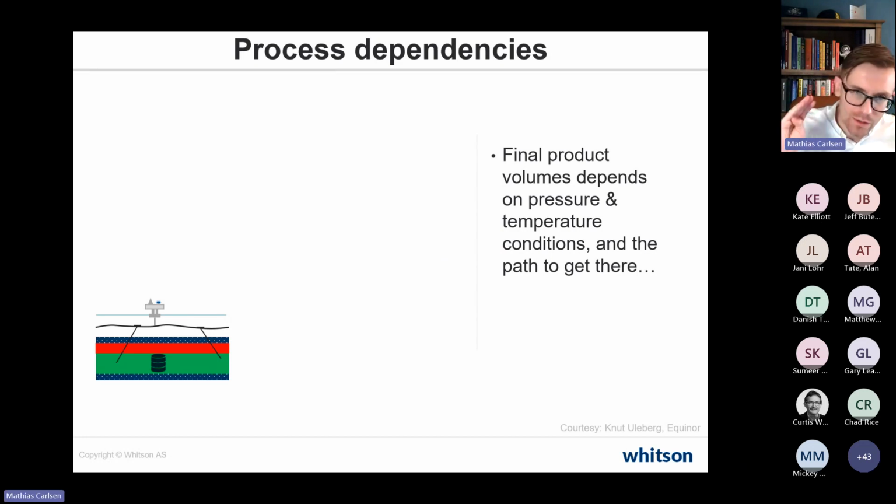So let that soak in. The final product, oil and gas, depends on the pressure and temperature conditions and the path to get to where they're going to be sold.